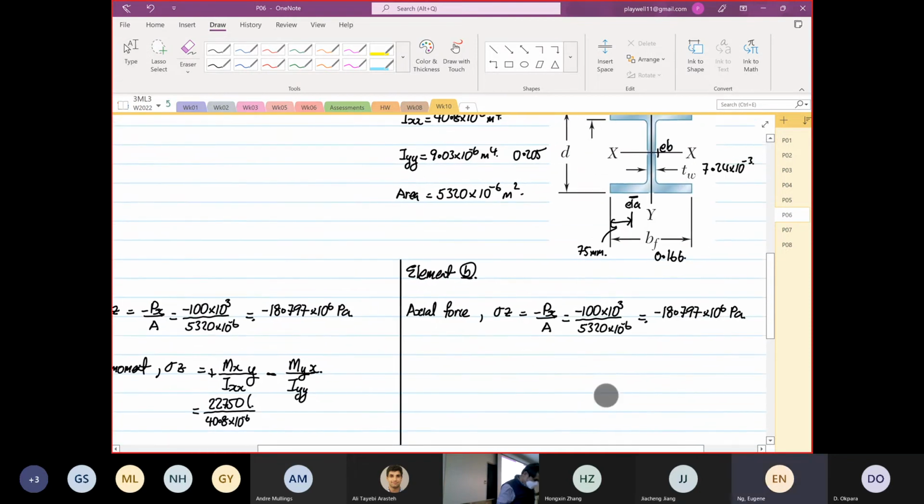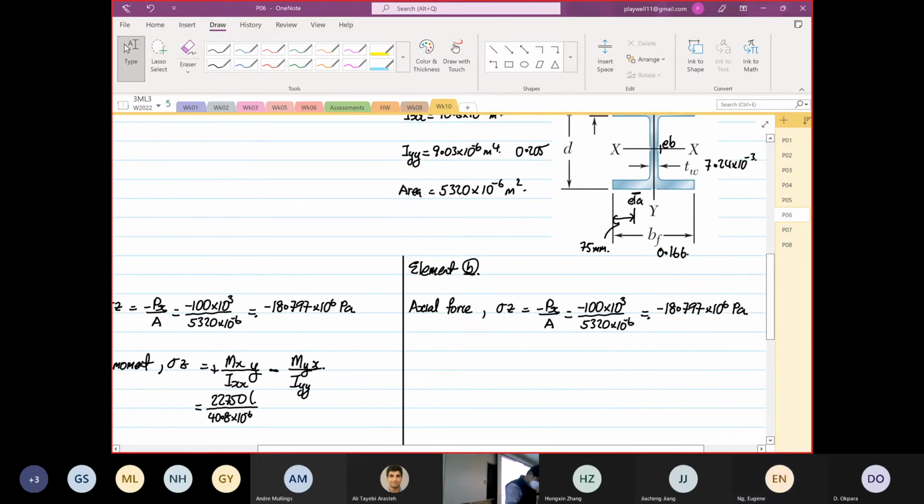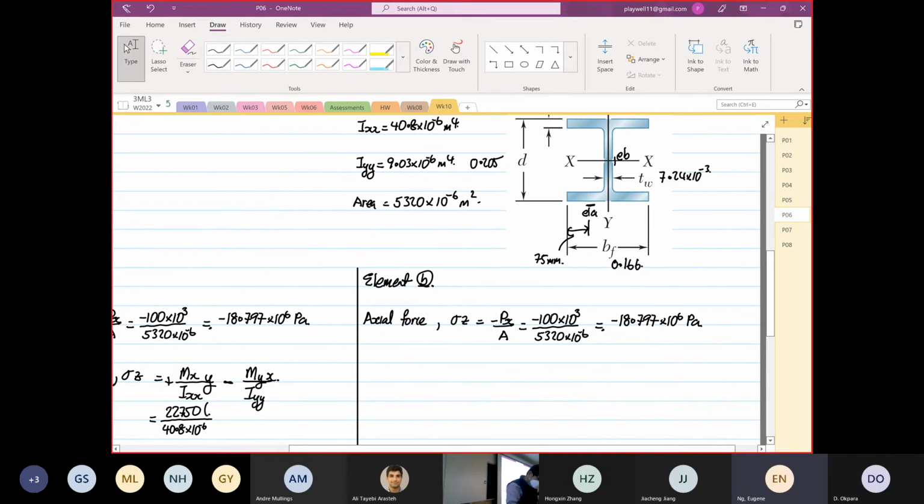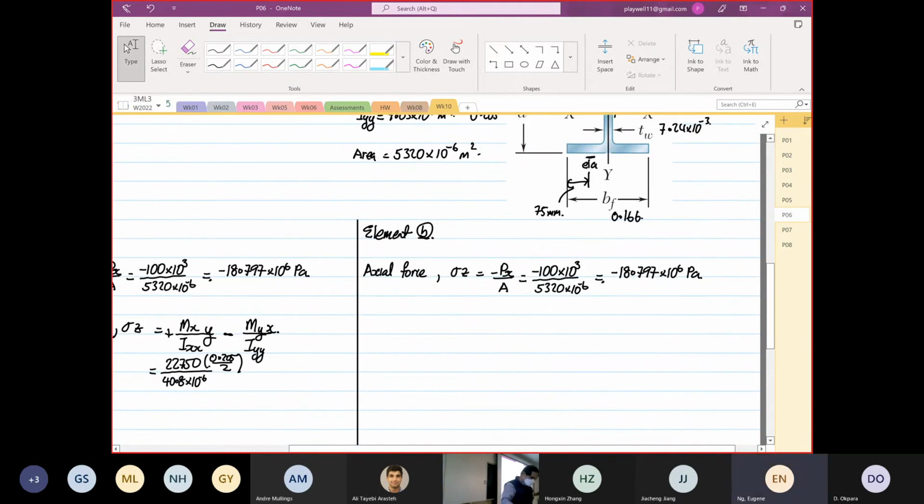So we know this transformation, right? Along this side is x, in the vertical is your y. So we are looking at our y distance. So d is 0.205 divided by 2. That is your y.